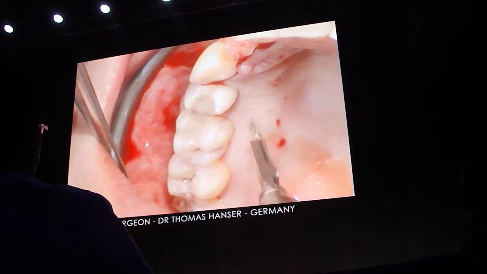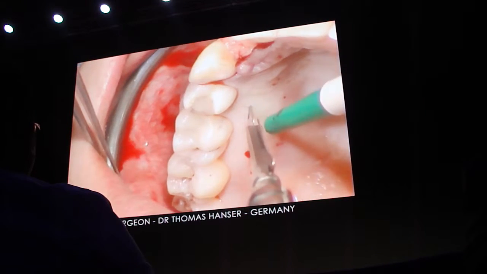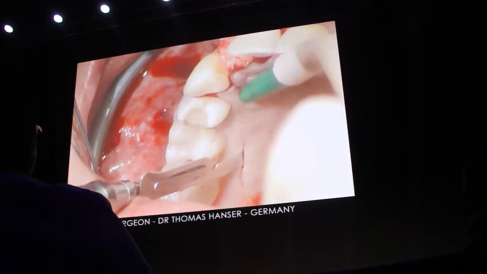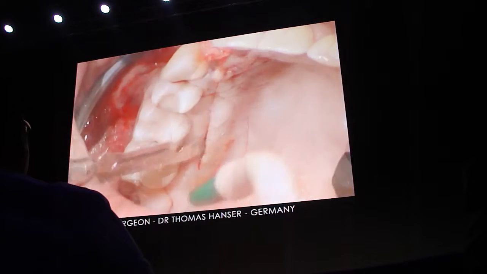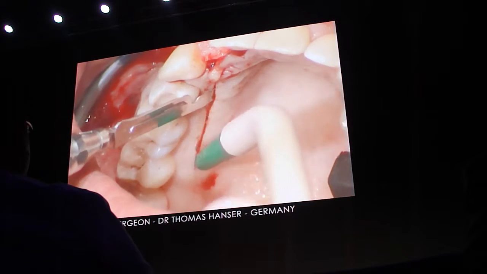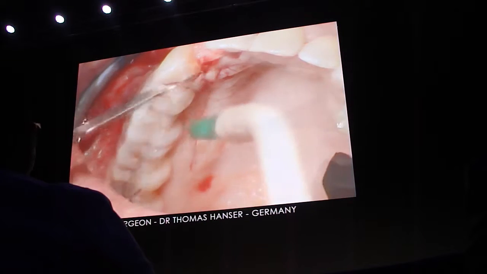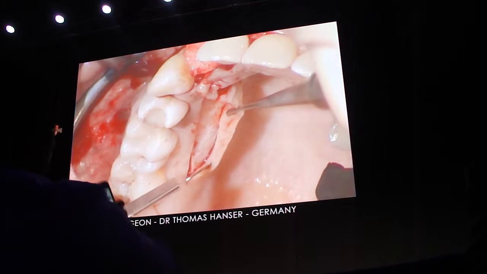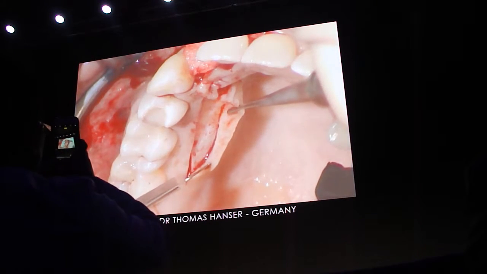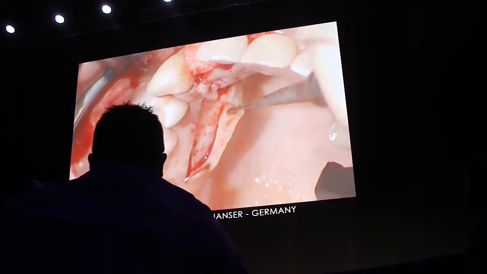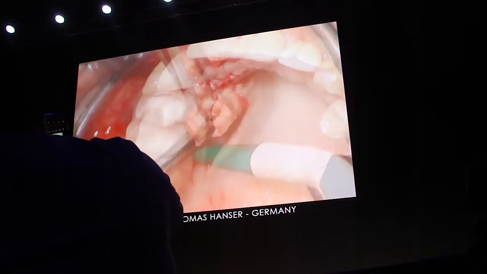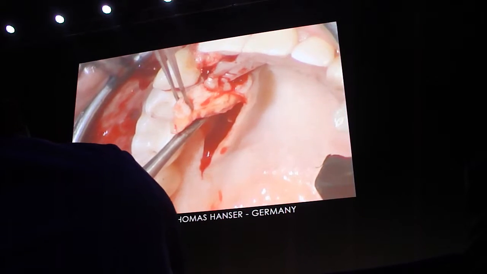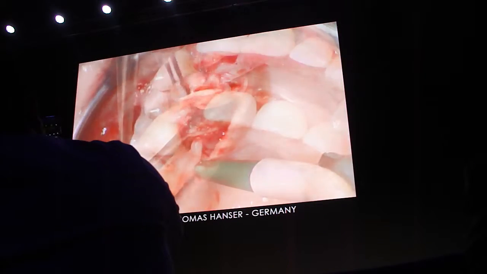But in fact, we modified the technique in a way that we do not talk about a free connective tissue graft, we talk about a pedicled subepithelial connective tissue flap. So the soft tissue is still pedicled to the palate, meaning we have a blood supply, increasing the prognosis of these grafting procedures, again trying to limit the risk of complications.